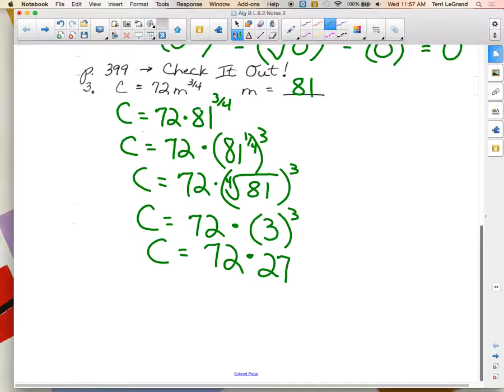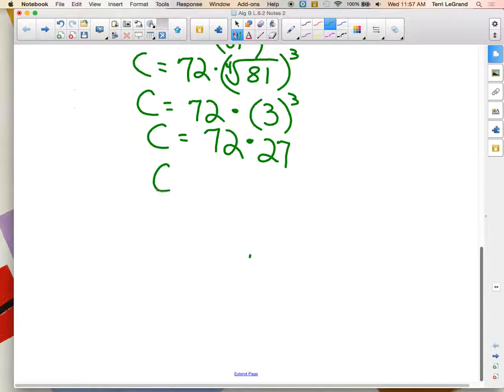This would be a good time to use a calculator. 1,944. Yep. Those are calories. That's how many calories this panda bear gets to eat in a day.